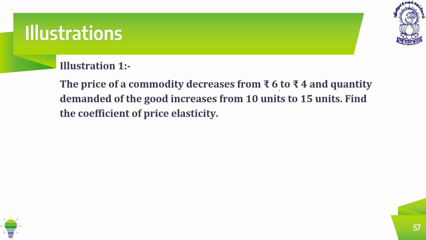Let's see a few illustrations. Illustration number 1. The price of a commodity decreases from 6 to 4. So price is 6, P1 is 4. There is a fall in the price. If I talk about the change in the price, it is 2. And as a result of it, the demand for the goods increases from 10 units to 15 units.